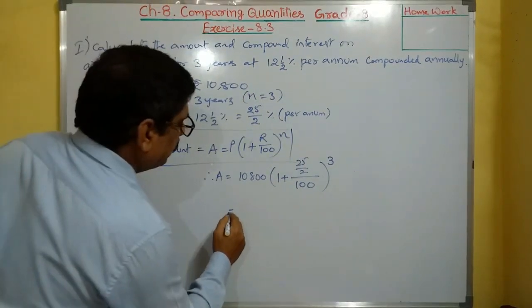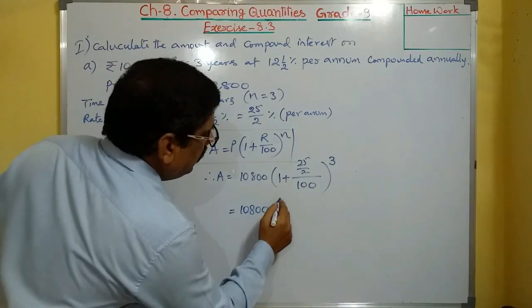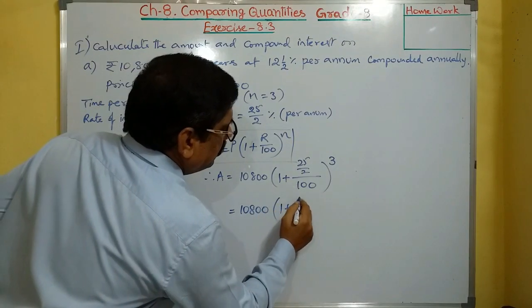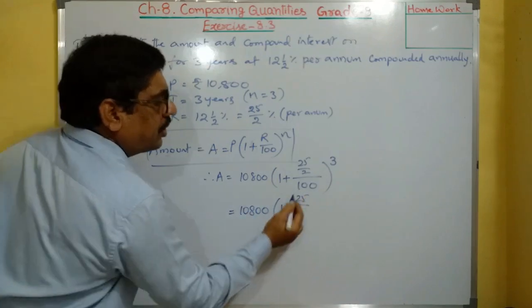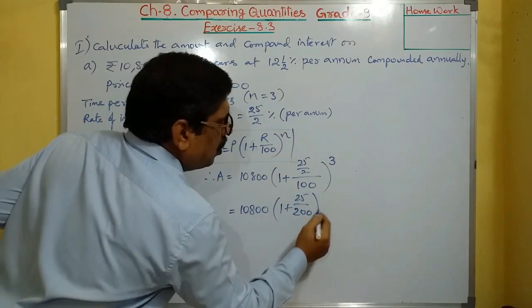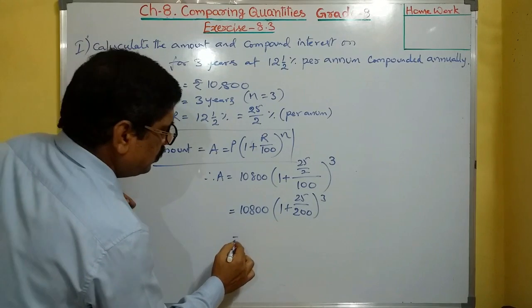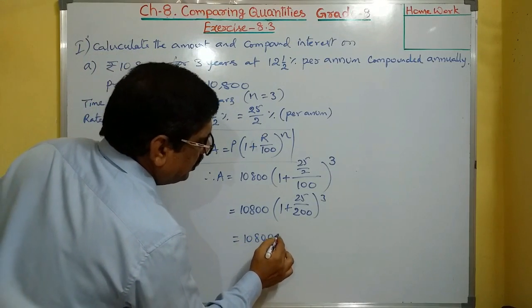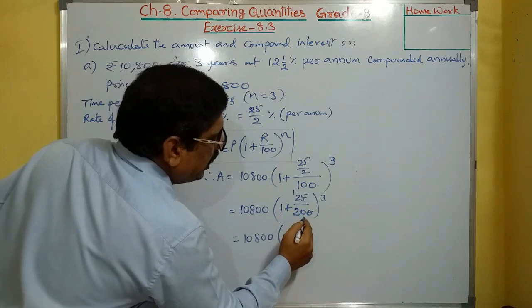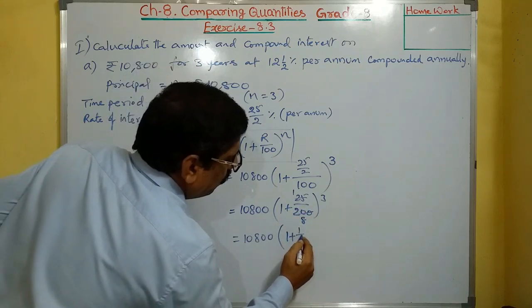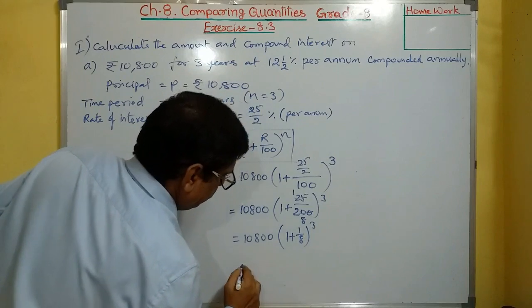So now you look at this. 10,800 into 1 plus 25 by 2 into 100, that is 200, whole to the power of 3. So 25 ones are 25 and 25 eights are 200, so 10,800 into 1 plus 1 by 8, whole to the power of 3.